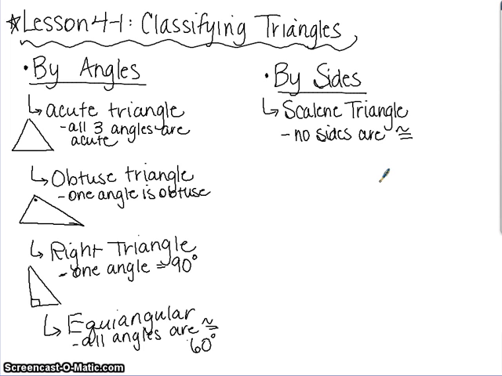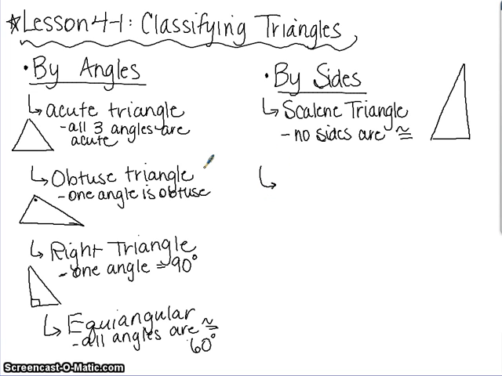Okay, so all three sides are going to be different. All right, so maybe one that looks like that. And it could be a right triangle, it could be obtuse, you know, but scalene just means that all three sides are different.